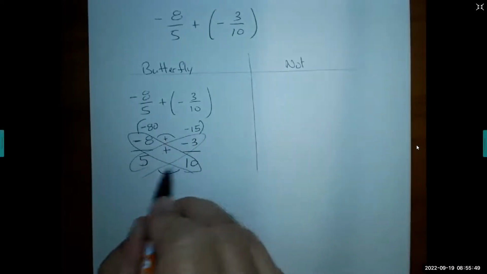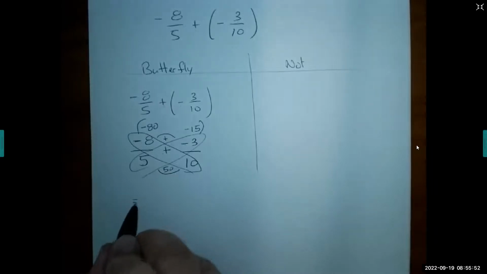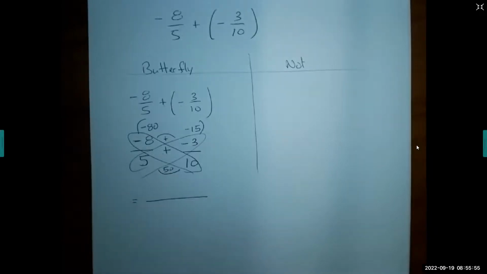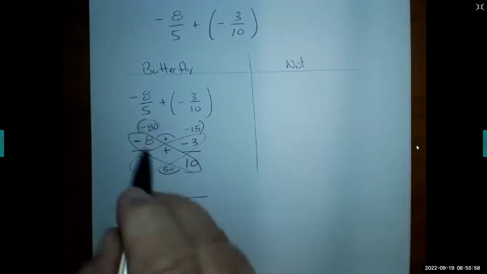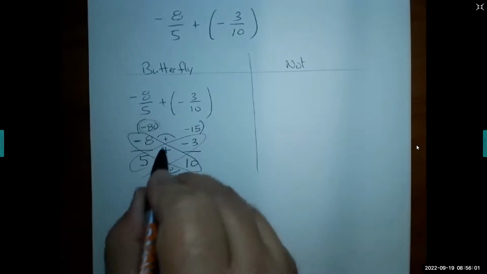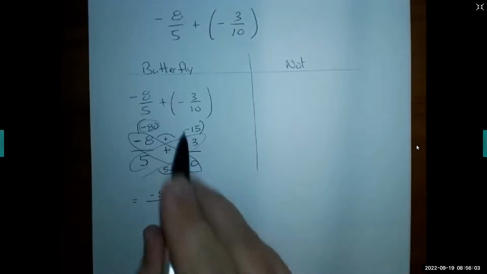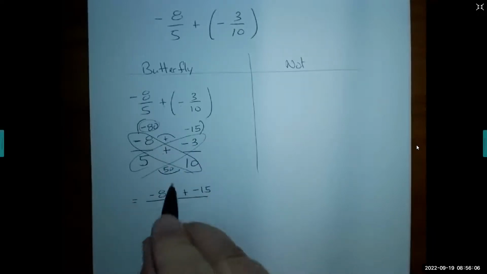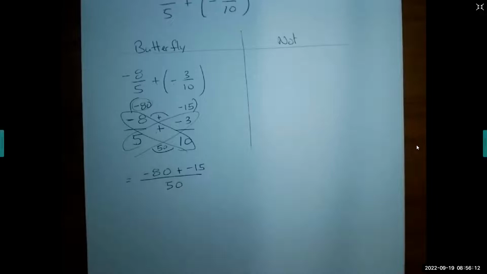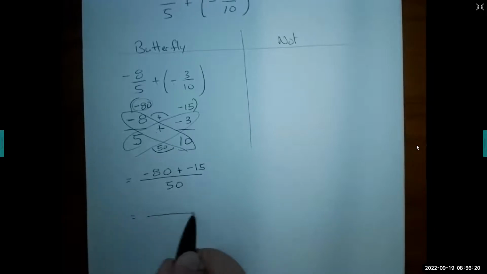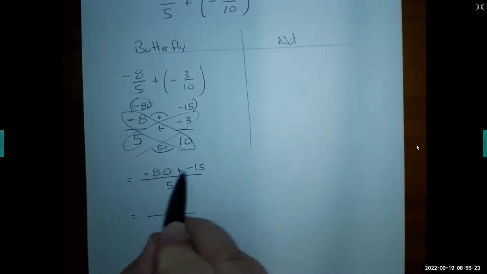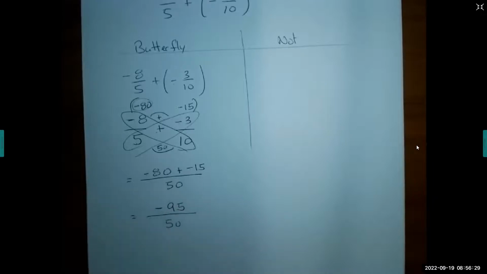Plus 5 times 10 is 50. -80, there's a plus, -15 over 50. So since they're both negatives, the answer is negative. 80 plus 15 is 95.